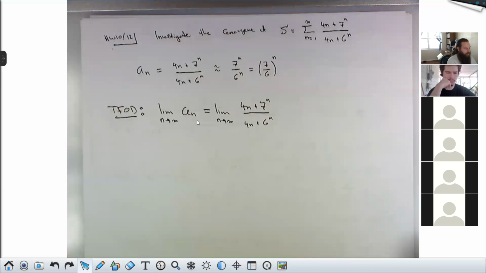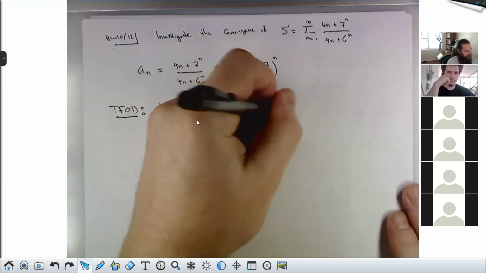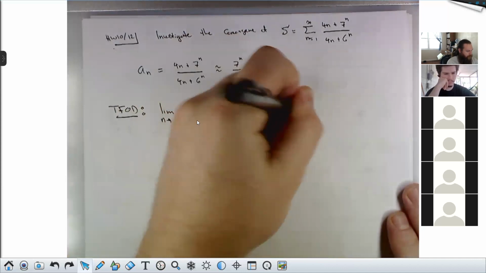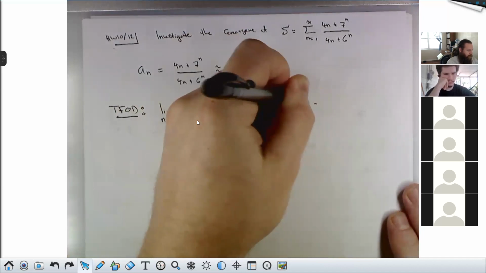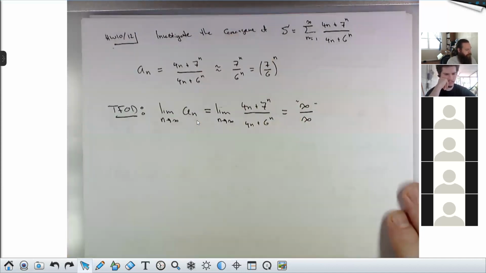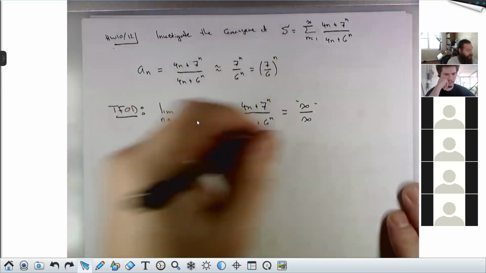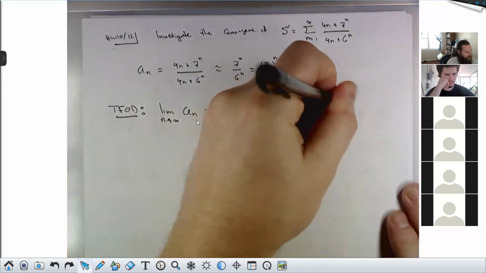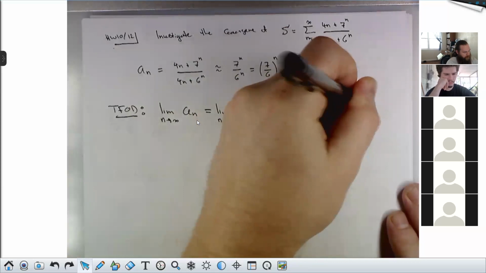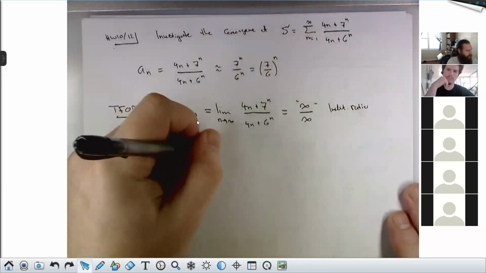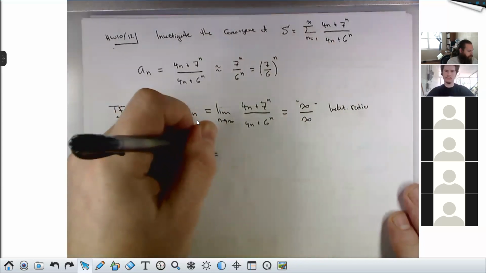And at a glance, the top and bottom are definitely both going to infinity. So I have an indeterminate ratio, which is something I can apply L'Hopital's rule to.